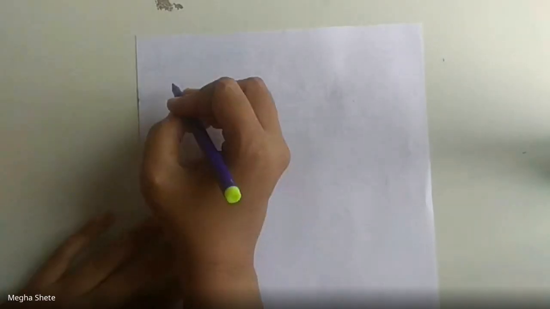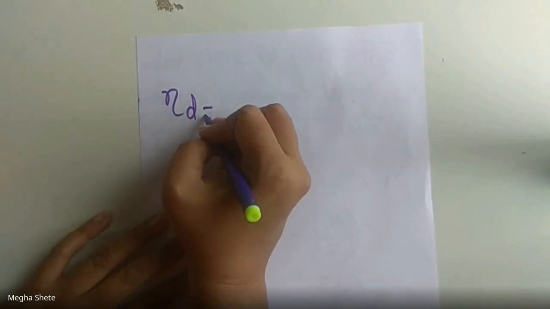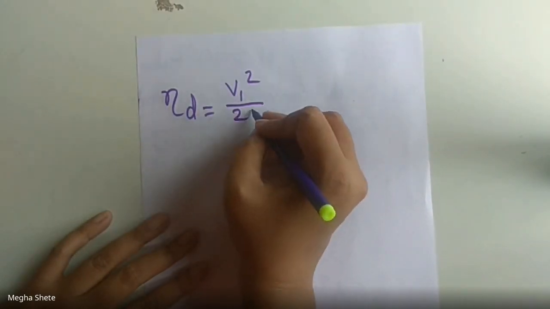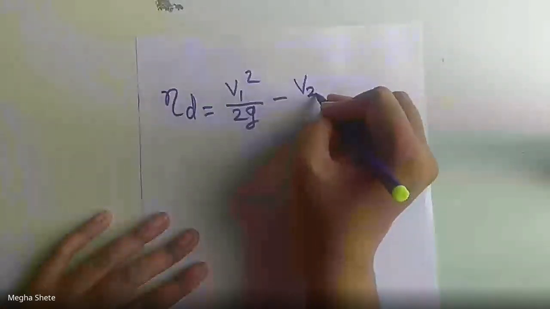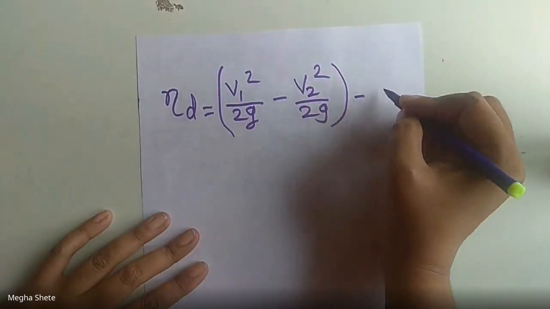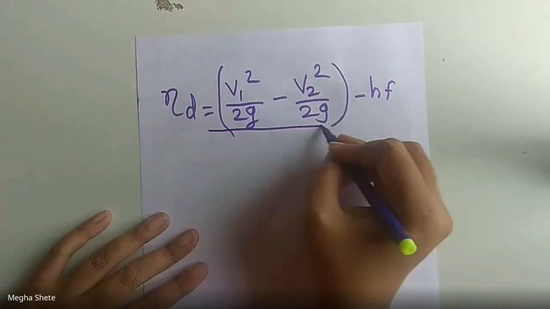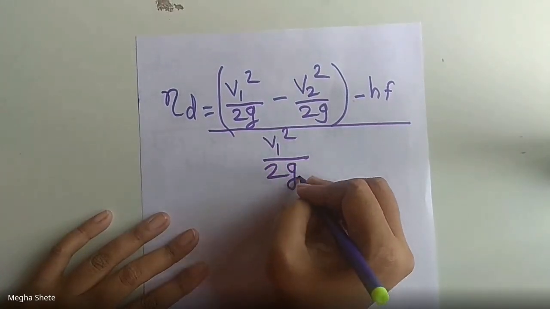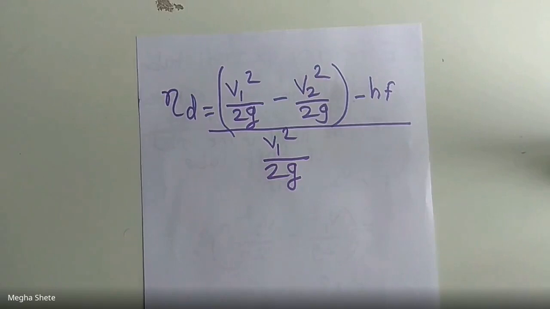Now, we will write down the draft tube efficiency formula. Efficiency of draft tube is equal to V1 square divided by 2G minus V2 square divided by 2G minus HF, divided by V1 square divided by 2G. So this is the formula for draft tube efficiency.